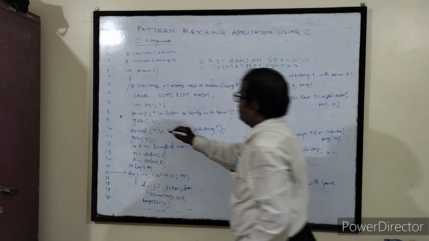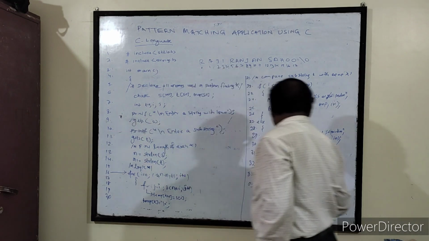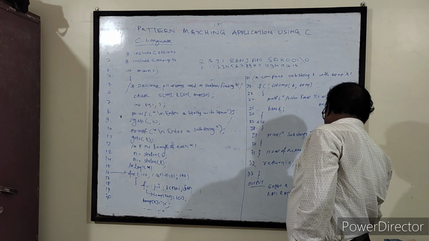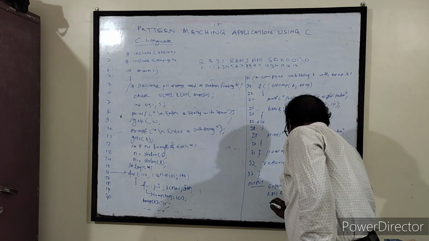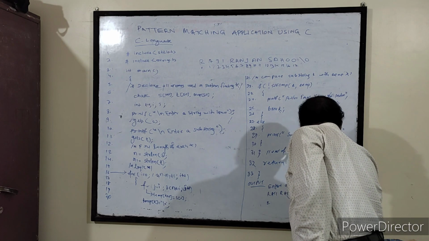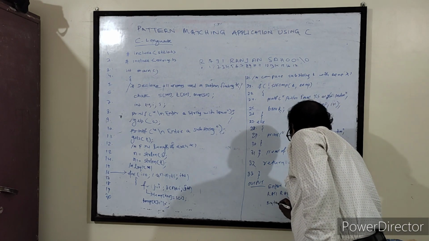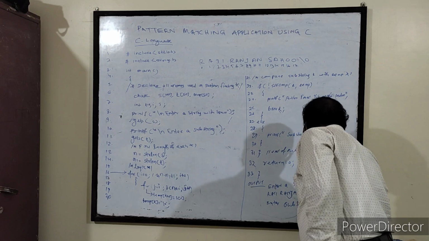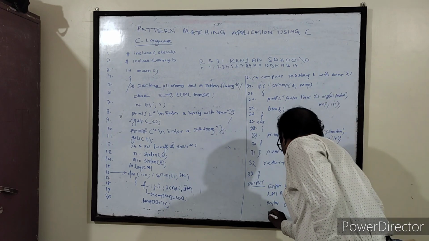Which function? You have to use the gets function here. Ravi Ranjan Sahu. And enter substring. So you have to enter here Ranjan.